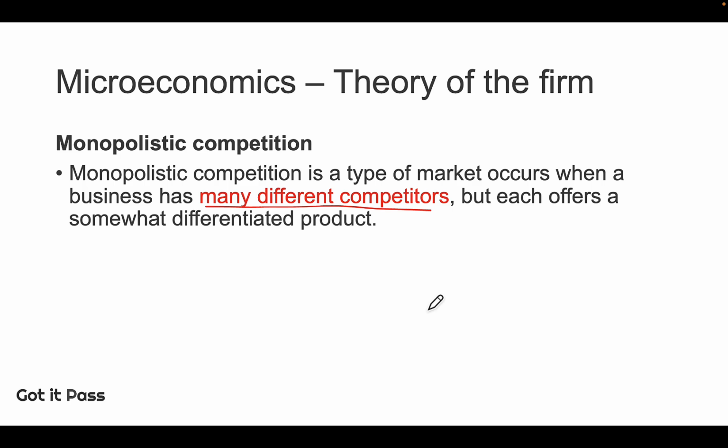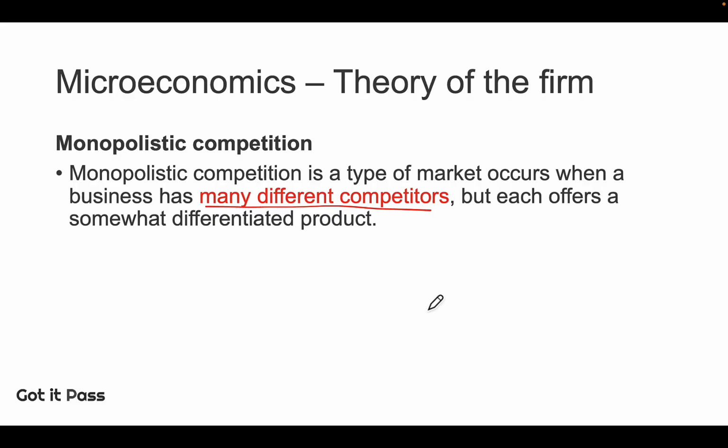One example is, say, stationery. You can see a lot of market players or suppliers in the stationery market. They are selling pens, books, notebooks, whatever. And the products are not identical. They're not exactly the same.